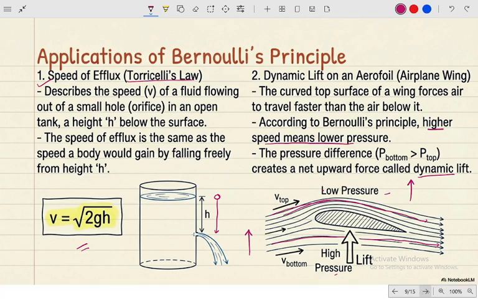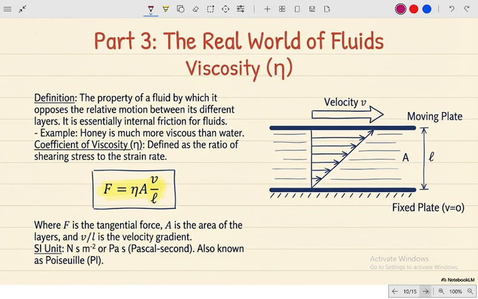Besides that, there are other things you want to know, that is the real world of fluids, and that is viscosity. What is viscosity? It is denoted by eta. Definition: the property of a fluid by which it opposes the relative motion between its different layers. It is essentially internal friction for fluids. Example: honey is much more viscous than water.